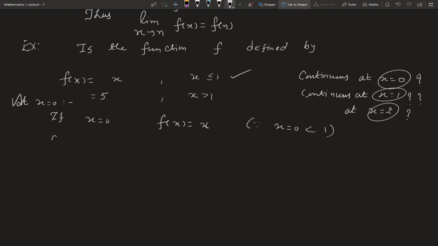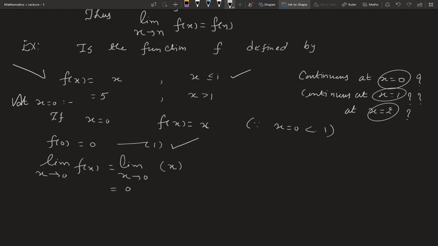So f of 0, take x equal to 0: limit x tends to 0, f of x, so limit x tends to 0, value of the function x, we have used this part of the definition because x is 0 which is less than 1, put x equal to 0, 0 by 1, this is nothing but f of 0.